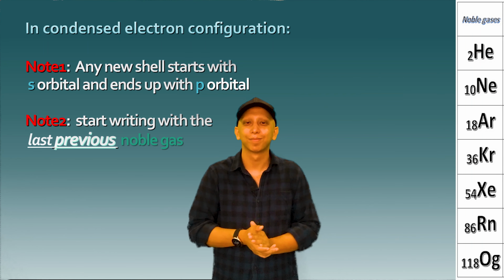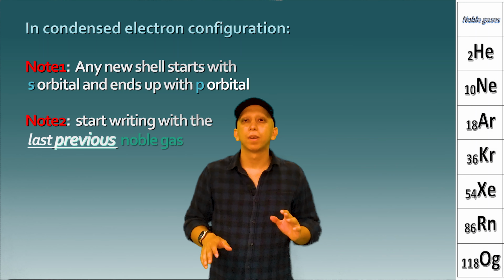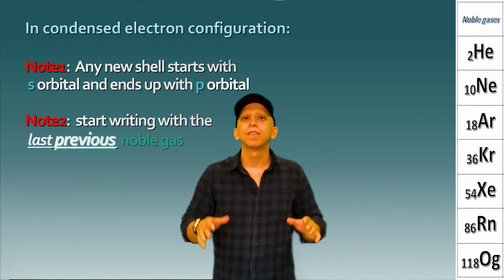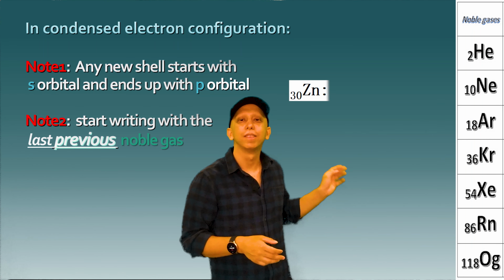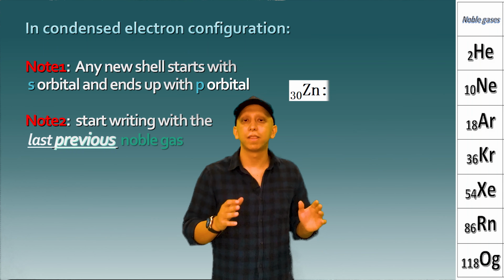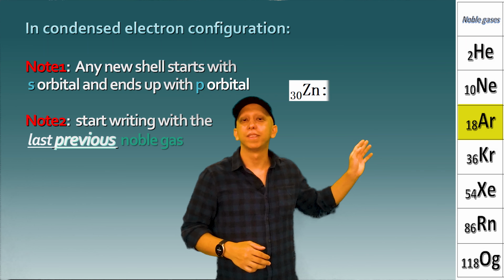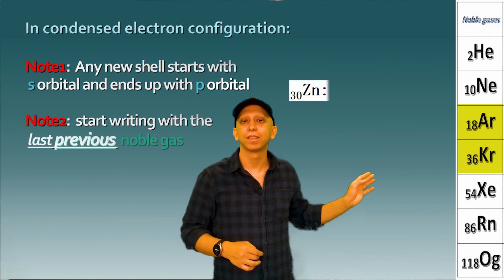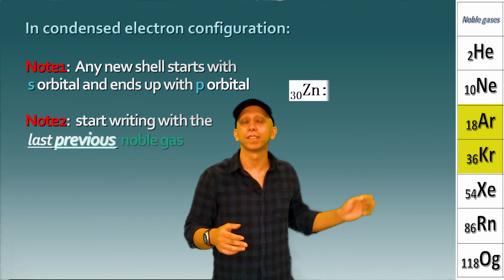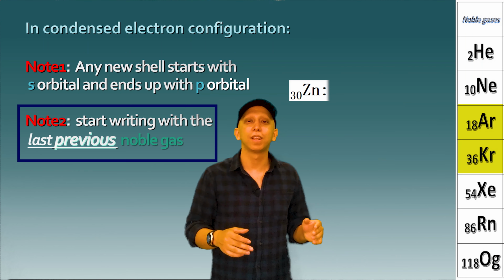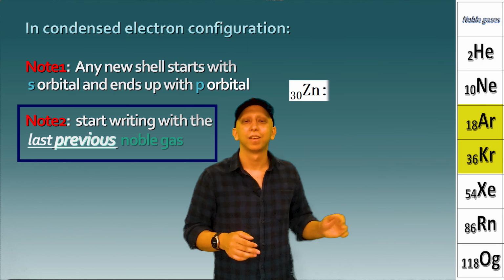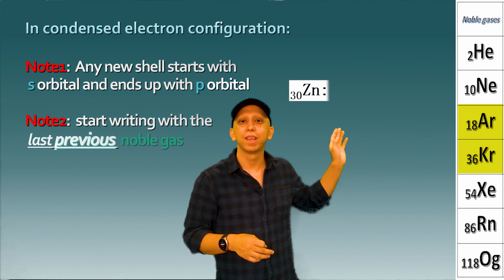The next example I choose from d-block elements, and it is zinc. We show it with Zn. Its atomic number is 30, so it is between argon, whose atomic number is 18, and krypton, whose atomic number is 36. As note number 2 says, we have to use the last previous noble gas, so we have to get help from argon.